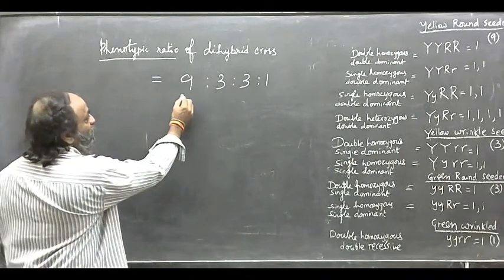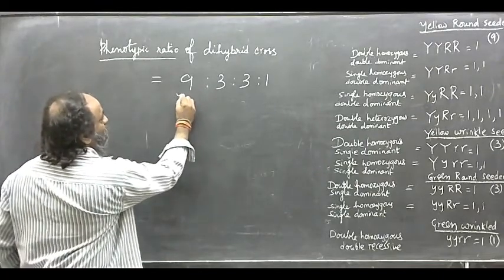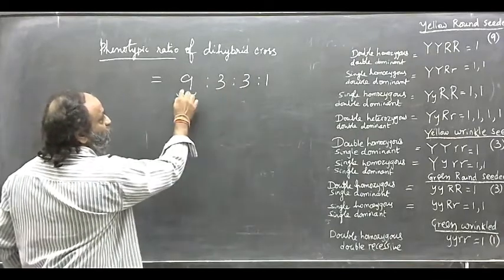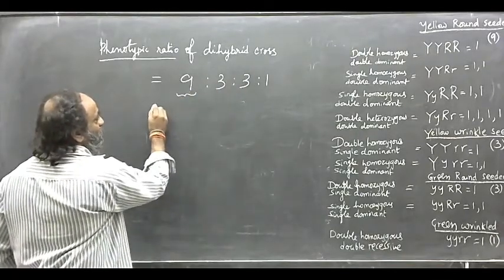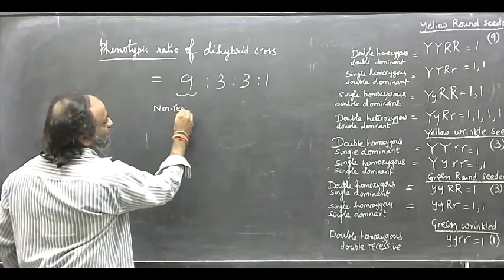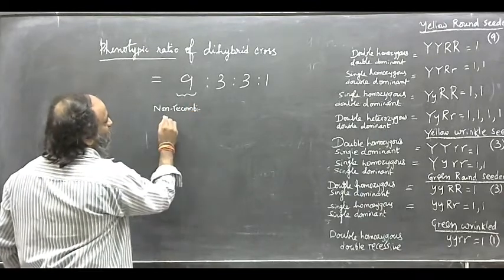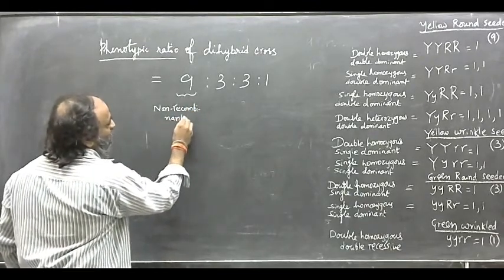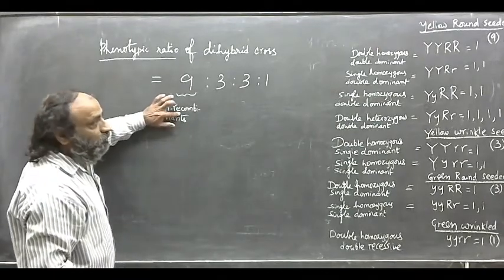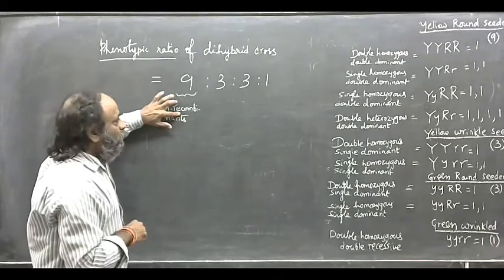Therefore, these 9 yellow round seeded plants are non-recombinants, because they resemble one parental plant phenotypically.